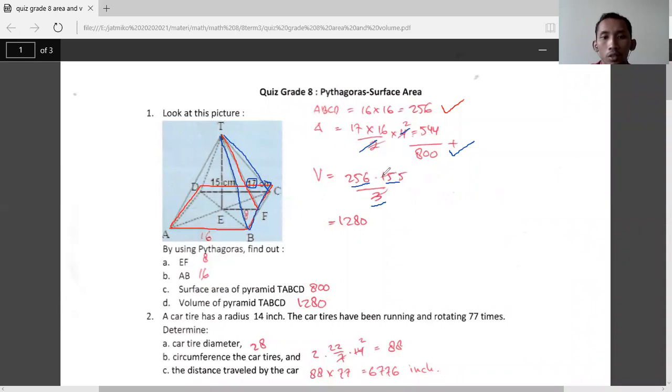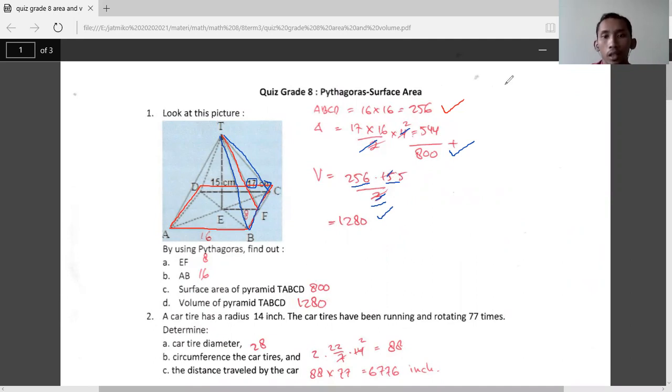Here 15 is simplified with 3, so it becomes 5. So 256 times 5 equals 1280. So that is for number 1.